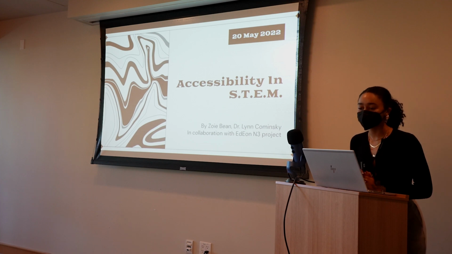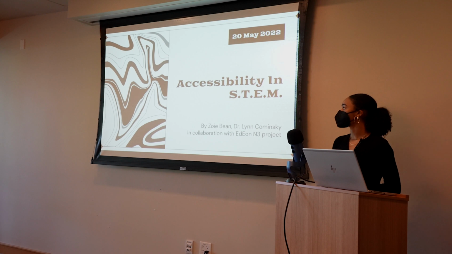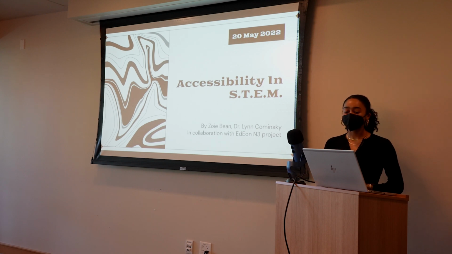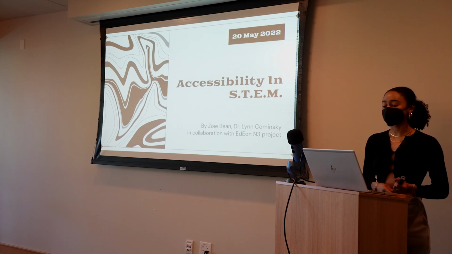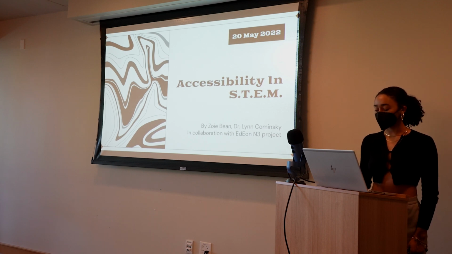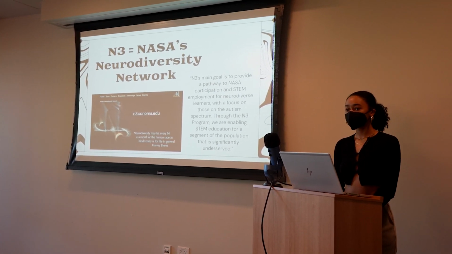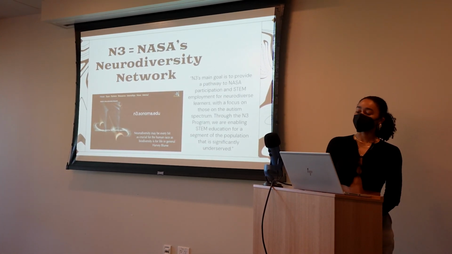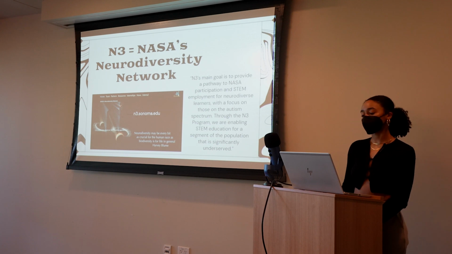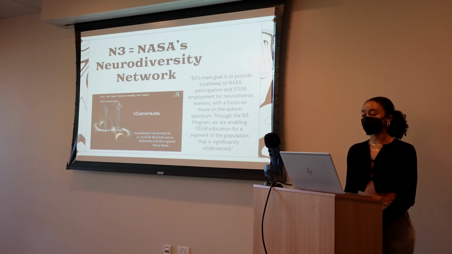Hi, everyone. I'm Zoie. My project covers accessibility in STEM. And as Dr. Kaminsky relayed to you, we were collaborating with the EDION N3 project, which is NASA's Neurodiversity Network. And their main goal is to provide a pathway to NASA participation and STEM employment for neurodiverse learners with a focus on those on the autism spectrum.